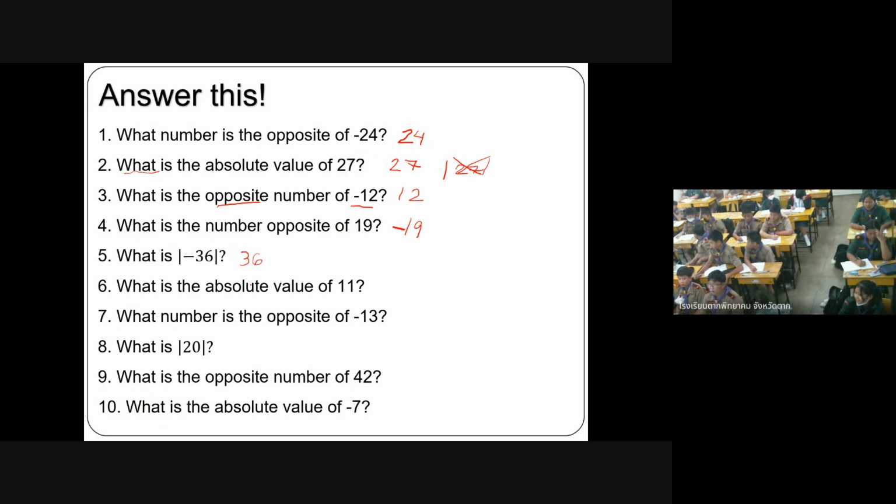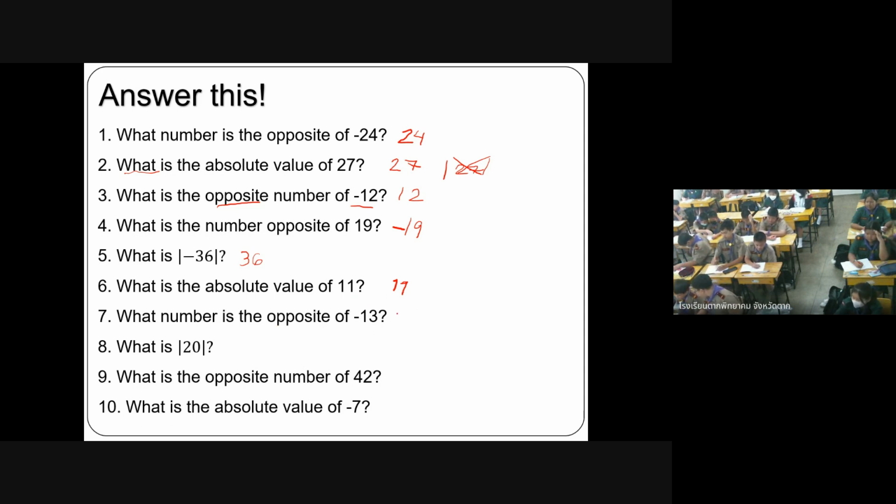Everyone, read. What is the absolute value of 11? It is 11. Remember, it is absolute value, so it's always positive. Next, number 7. What number is the opposite of negative 13?